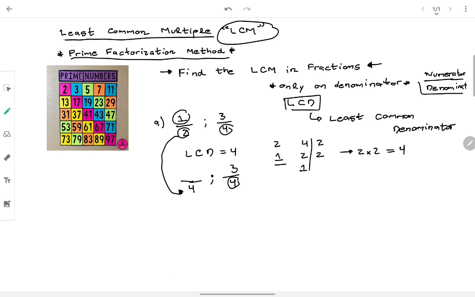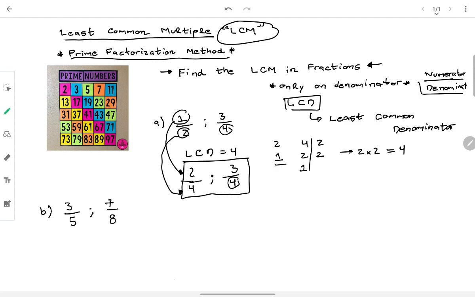So this one, we need to multiply it by 2 also, and we will get 2/4. And that's how we convert fractions in order to have the same denominator using least common denominator. Let's see another example. If we have, I don't know, maybe 3/5 and 7/8.